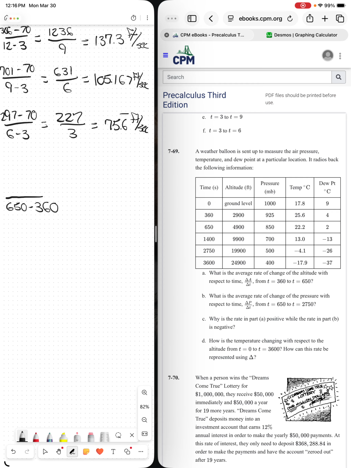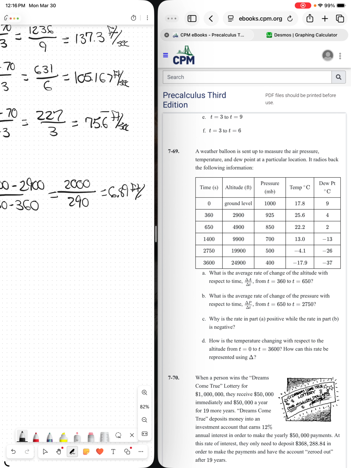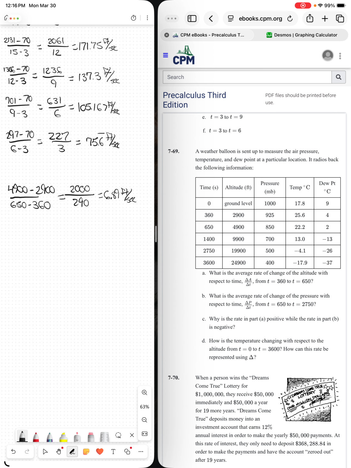So 650's altitude is 4,900 minus 360 altitude is 2,900. So this is 2,000 over, right, 650 minus 360, 290. And then we do 2,000 divided by 290. And we get 6.89 feet per second. That's how fast, or the average rate that the balloon is rising.